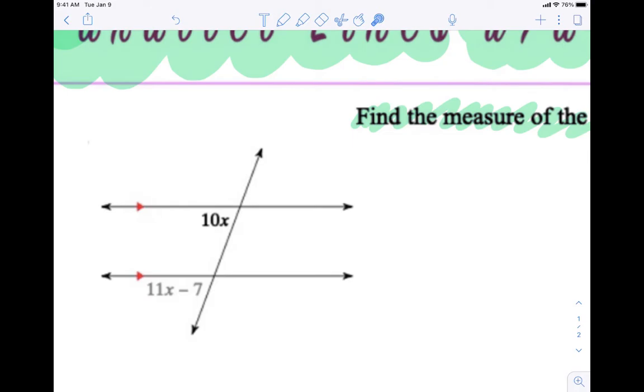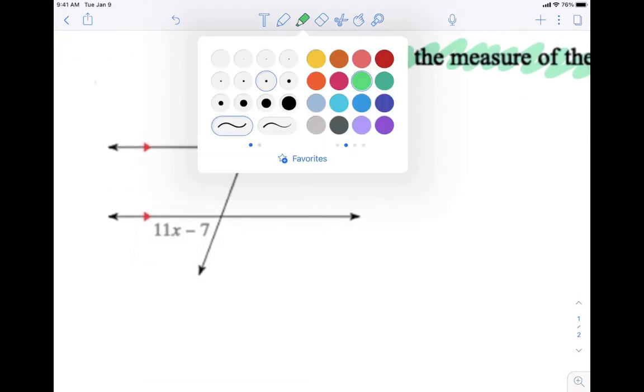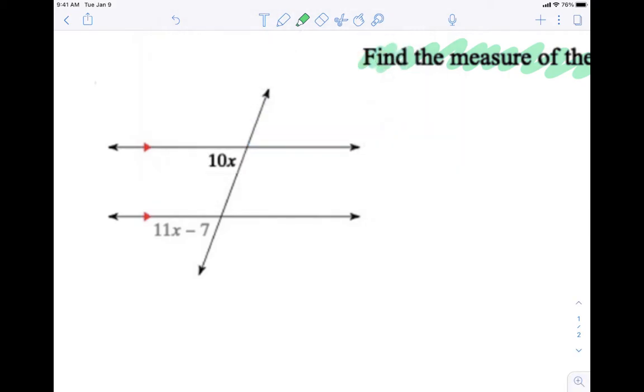But first things first. I'm going to identify my angles relationship. So I have that angle and I have that angle. So if I notice, I have my parallel lines here, which are identified by these red arrows here.